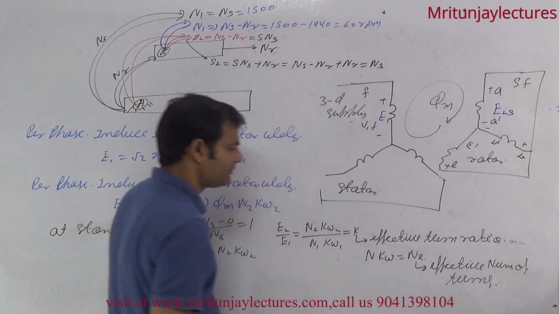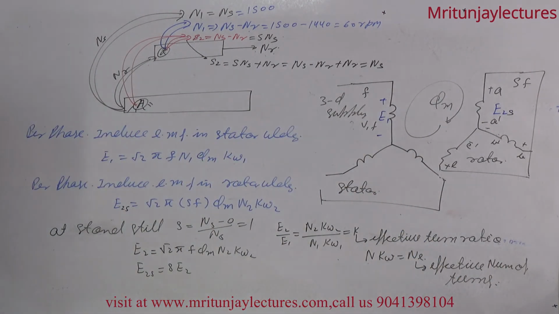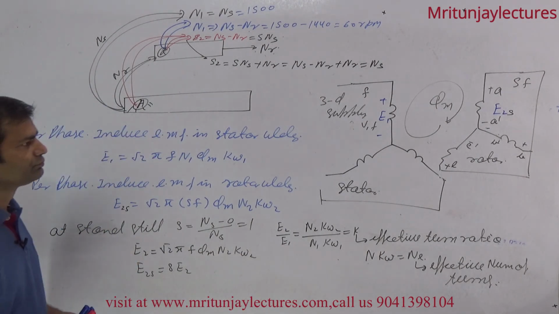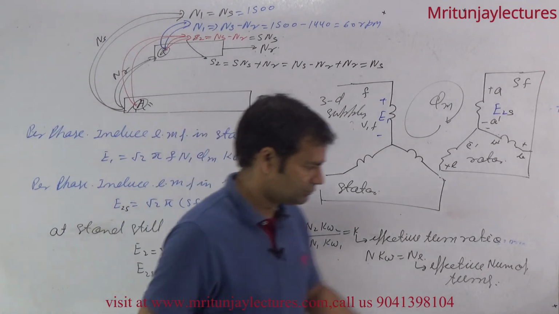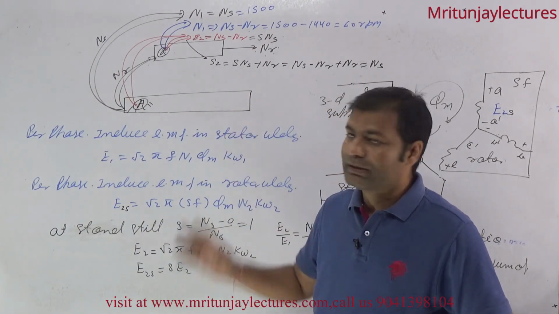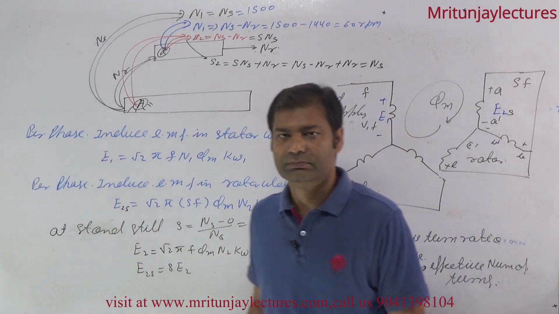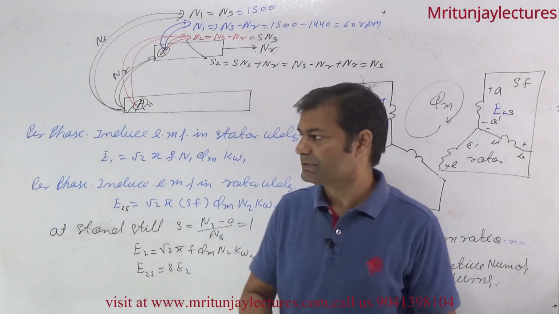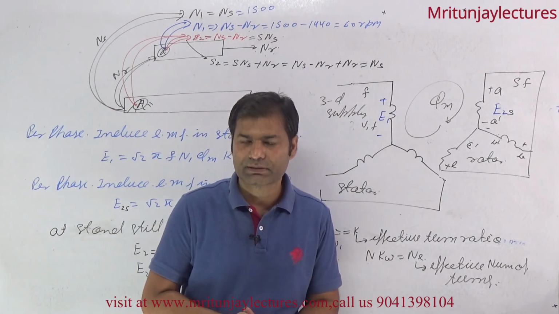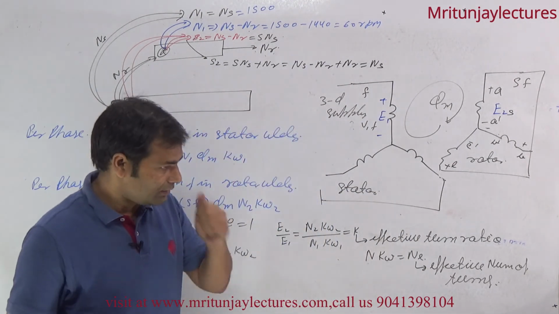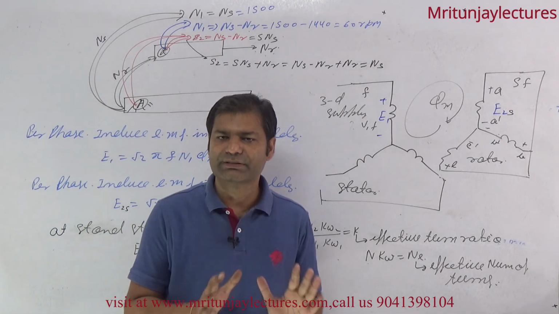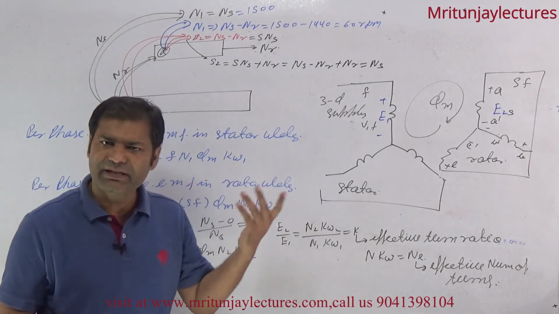Clear? So after that, in the next lecture we discussed the relative speed problem. After that we discussed how to make the equivalent circuit of a three-phase induction motor, the per phase equivalent circuit on the stator side, just like a transformer.